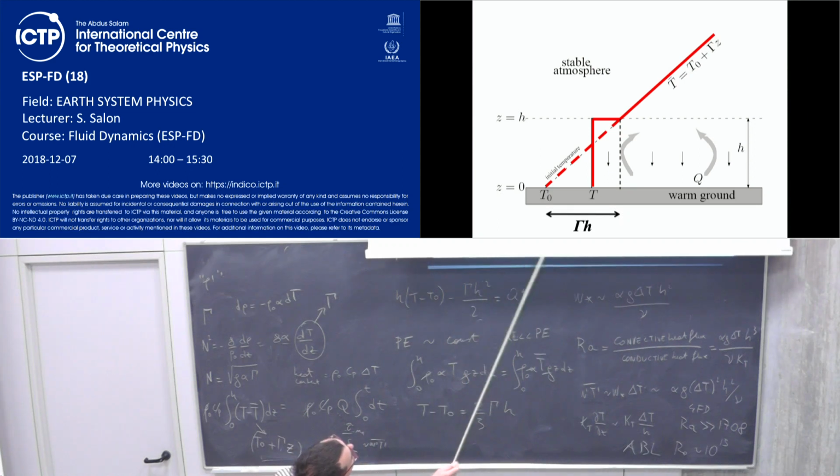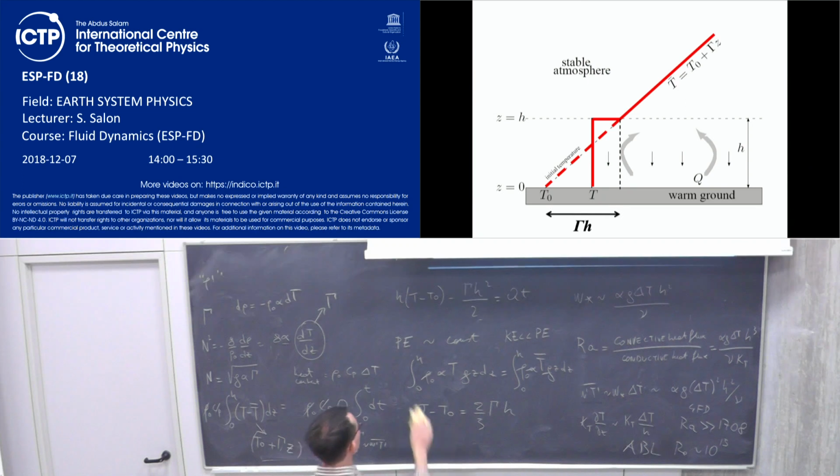So the distance between this point here and this point here is lambda h. If I take 2/3 of lambda h, I have this expression here, and this expression here, of course, is 1/3 of lambda h. So the surface temperature has been increased by 2/3 of lambda h, and the temperature which I had at the beginning at z equal to h, at the top of my layer, has been decreased by 1/3 lambda h.